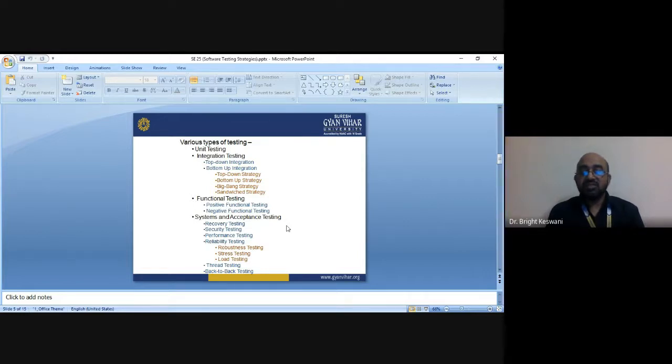A system test checks for unexpected interactions between the units and modules, and also evaluates the system for compliance with functional requirements. Acceptance test is the process of executing the test cases agreed with the customers as being an adequate representation of user requirements, and these are also called black box or functional tests.